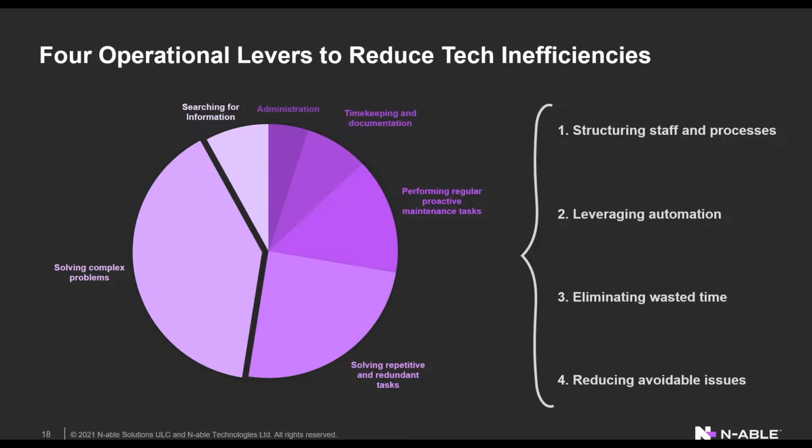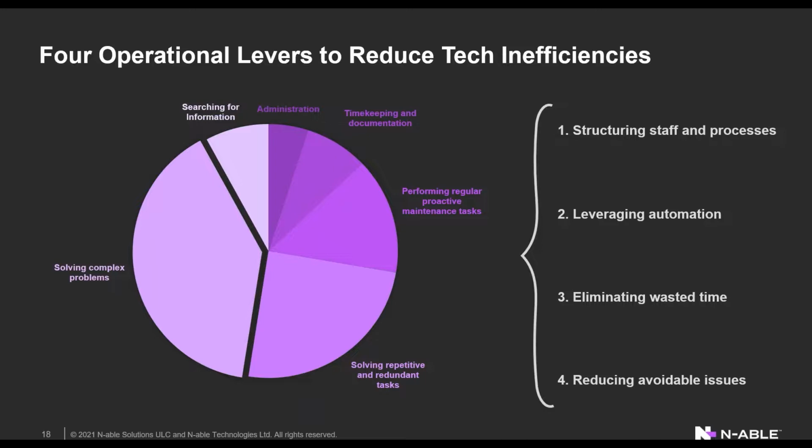In the rest of this pie chart, we're going to be looking at each of these individual sections, tying into these 4 levers to make efficiency better, right? So we look at performing regular proactive maintenance tasks. When we look at the levers that we can pull here, automation is exactly one: eliminating time wasted through automation.